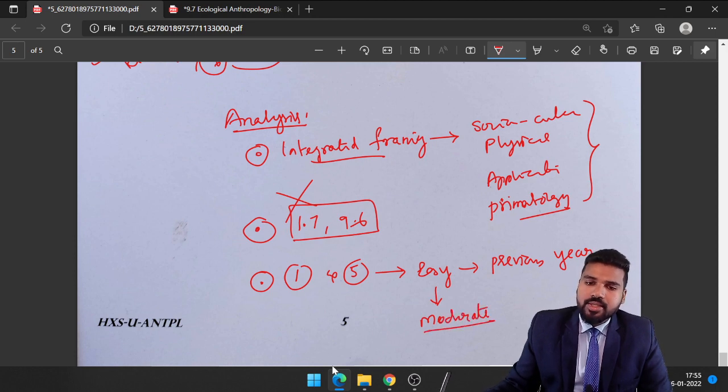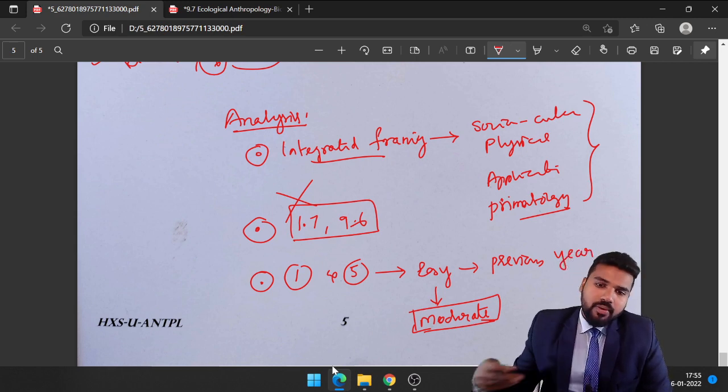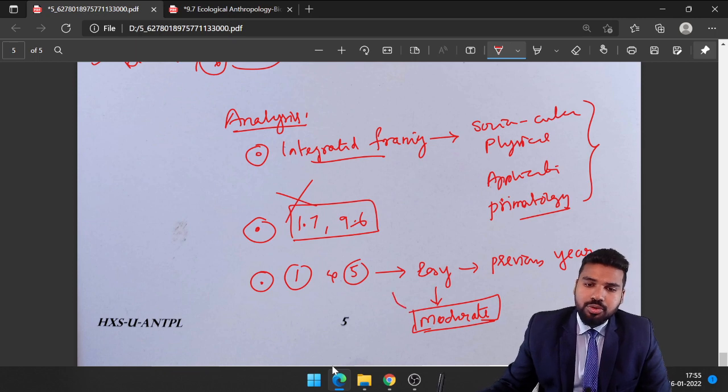I would have said easy, but moderate because of some questions which are tricky and specific, like the specific contributions of Gage, Lévi-Strauss and L.H. Morgan, which have been asked. Similarly, region-specific questions, like the Neolithic culture of the Near East and the Mesolithic culture of the European region, have been asked. That is where the paper's difficulty goes to moderate.